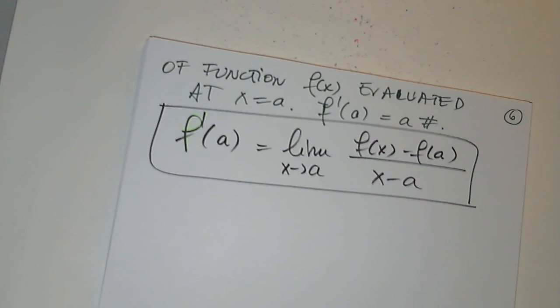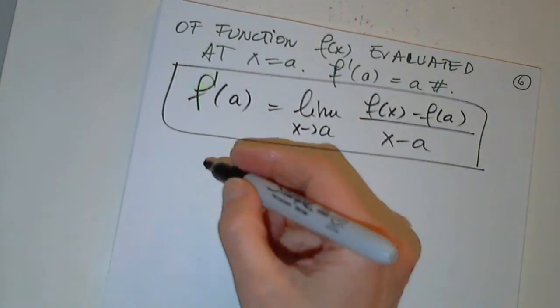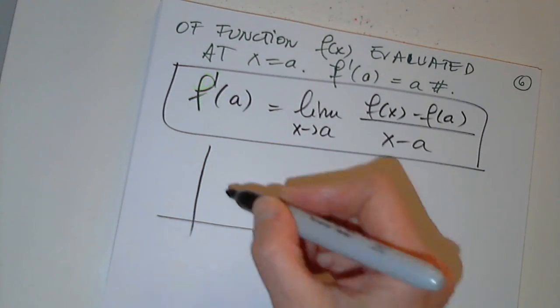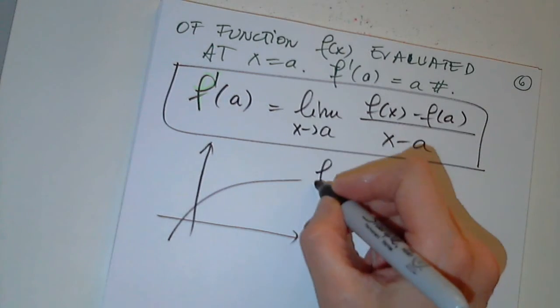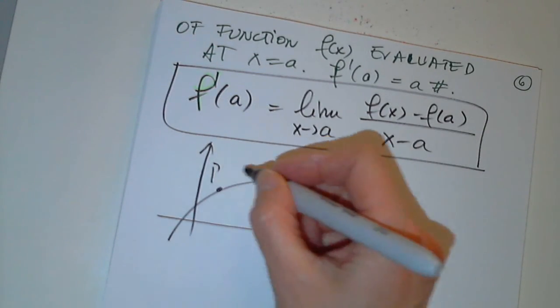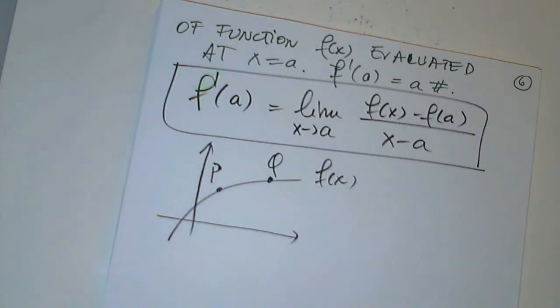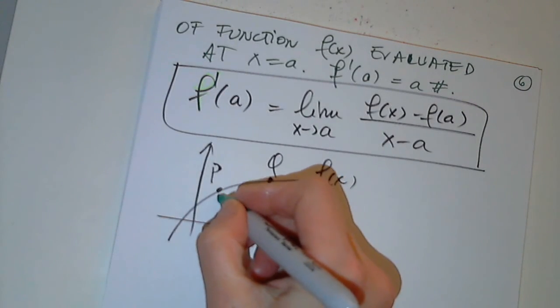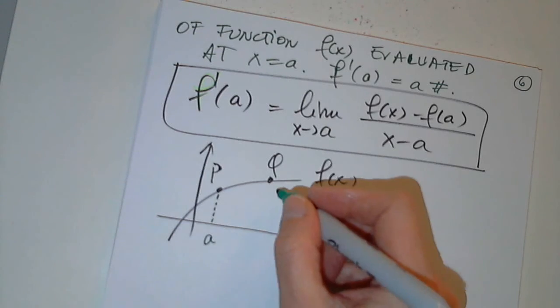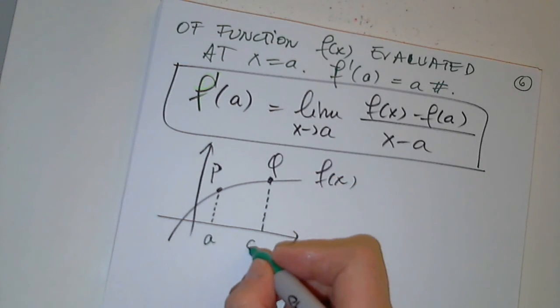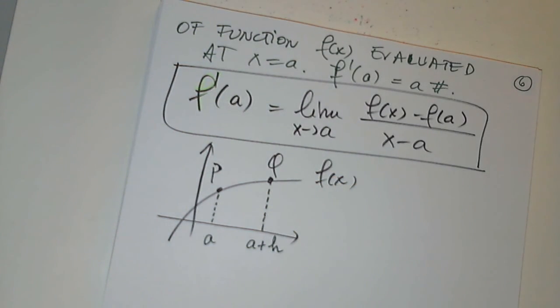So let's go back now to our graph. Notation slightly different. Still f of x, still P, still Q, but now this is a, and this is a plus h.